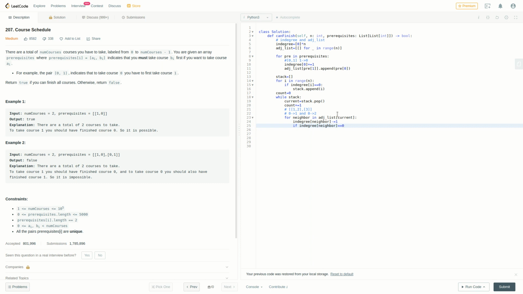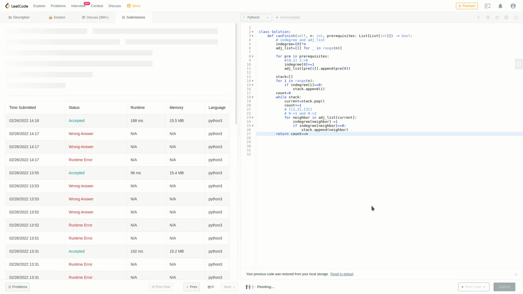If it is 0, I am going to append them to the stack, stack.append neighbor. And if I remove all of them, that means the count variable is going to be equal to n, and it should return true.